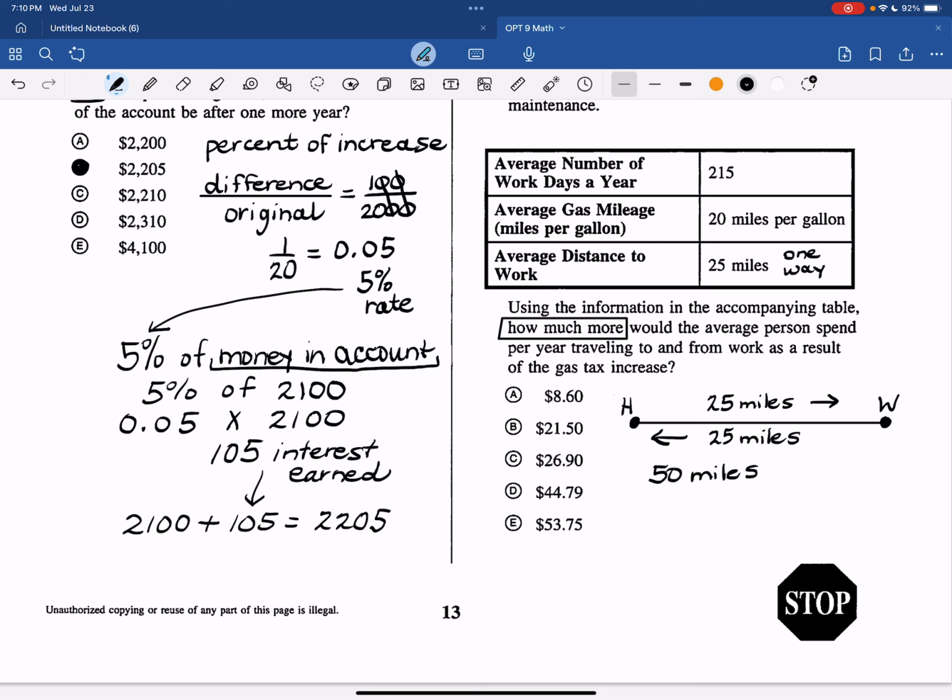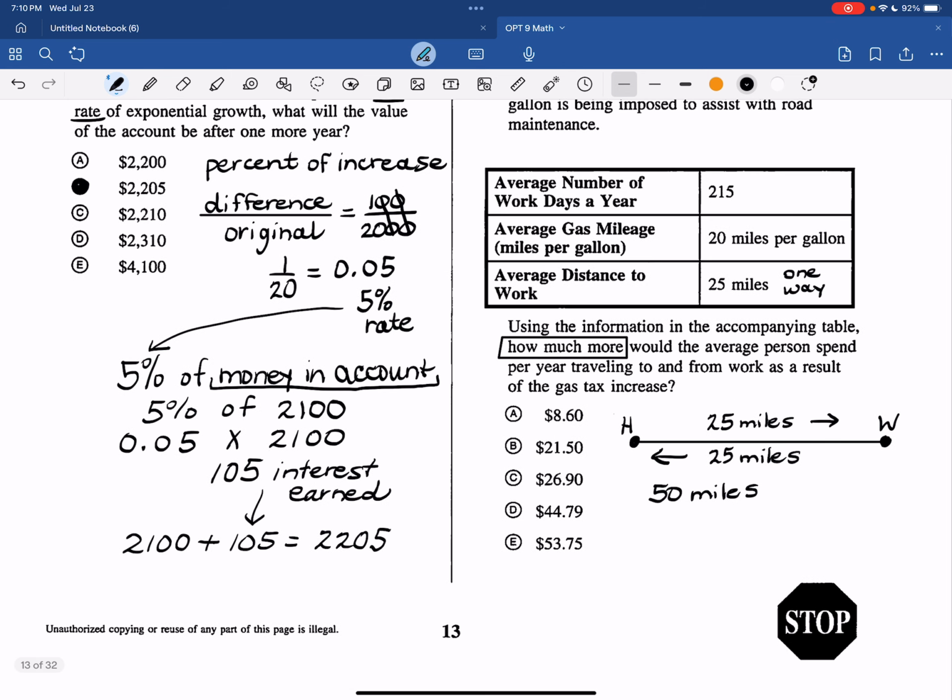And we know that our person does this 215 times a year. So we'll use that maybe in just a minute. Yes, we will have to. Okay. Let me make sure we're saying round trip here.